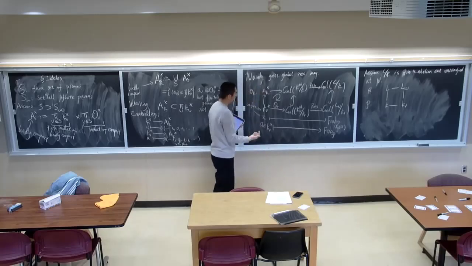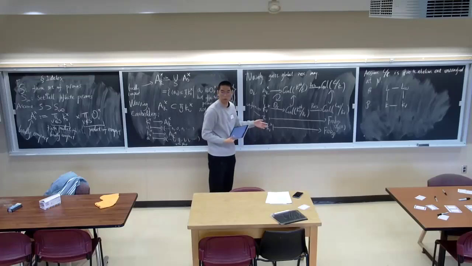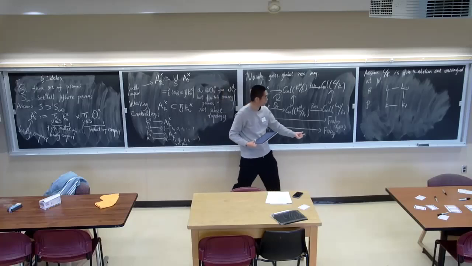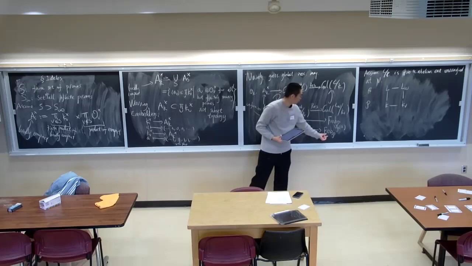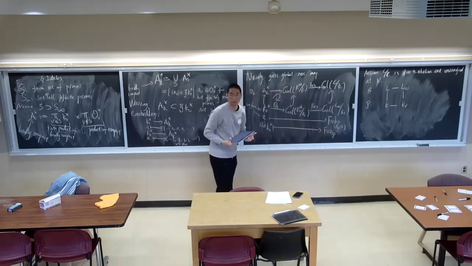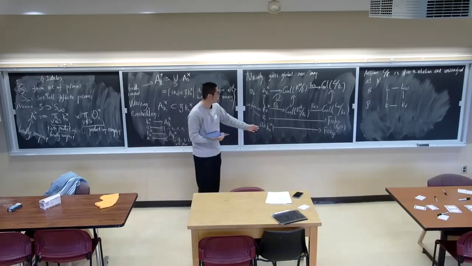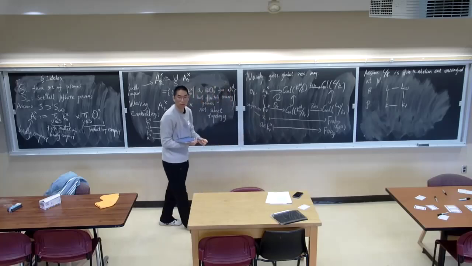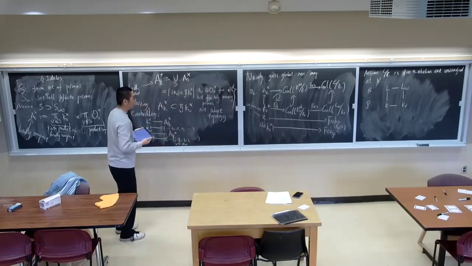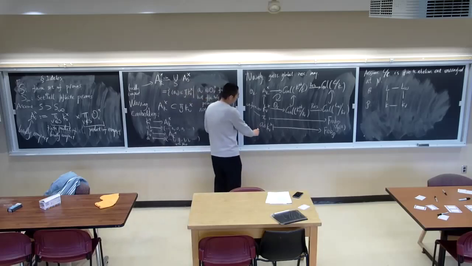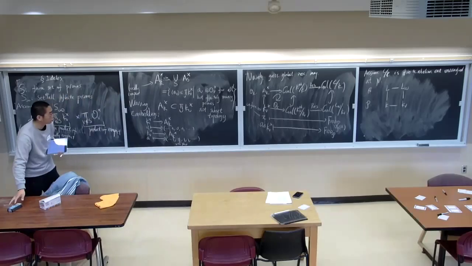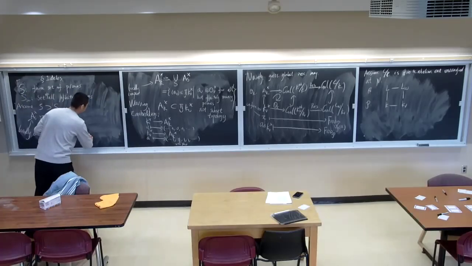Because the unit group will always map to the inertia group, but here the inertia group is 1, because we assume it's unramified. So any element in Q_v cross will map to the Frobenius to the power of its valuation, because the unit group always maps to 1. By looking at this bottom map, it can give us some idea to construct another map.